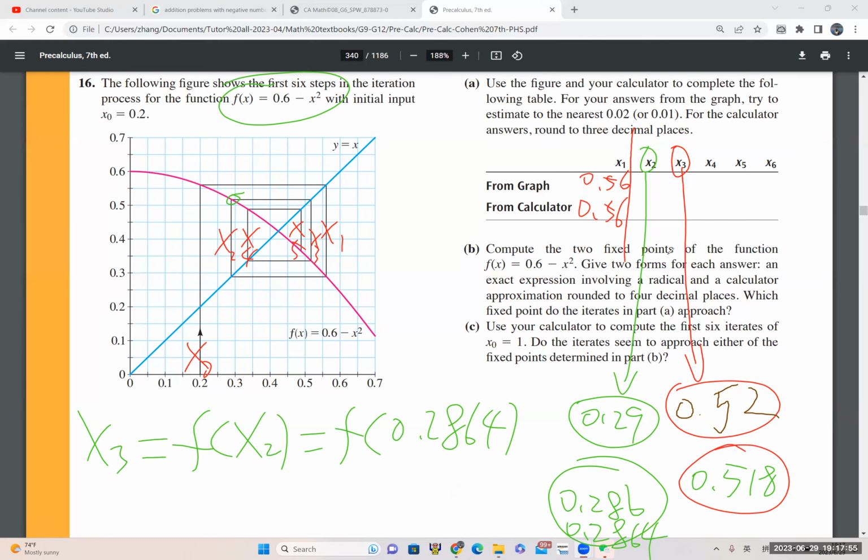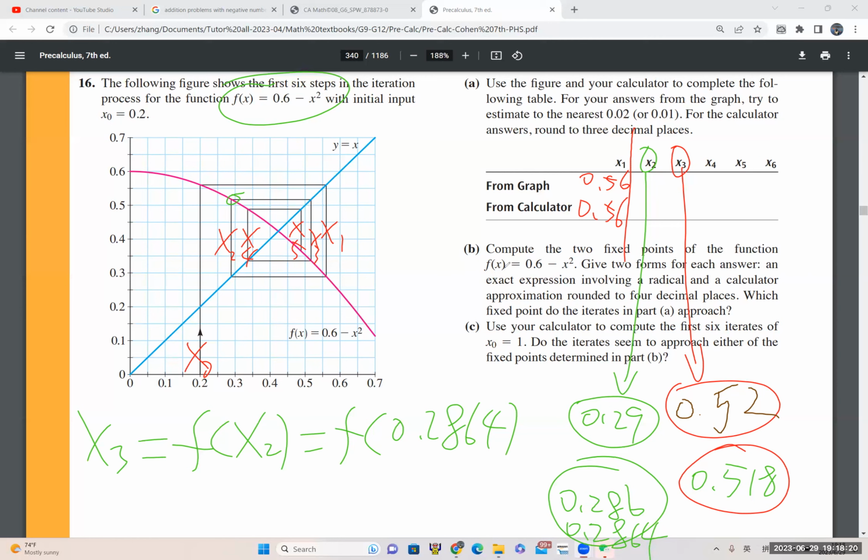What do two fixed points mean? For example, x1 to x2. Can we call they are two fixed points? Or x2 to x3? Or even any.